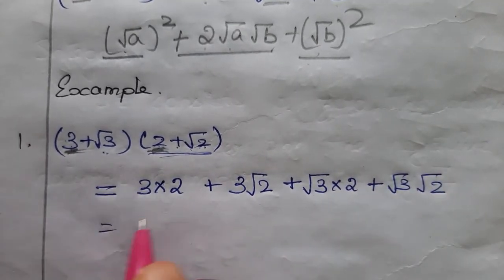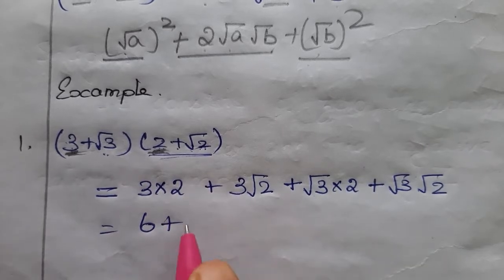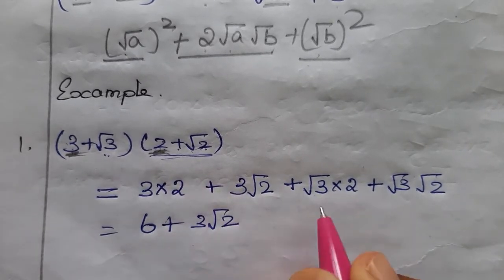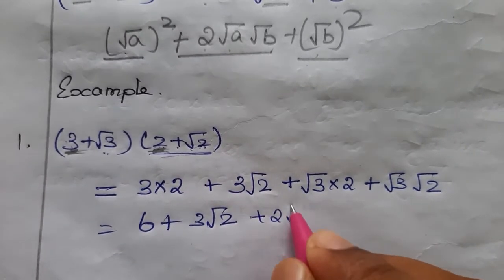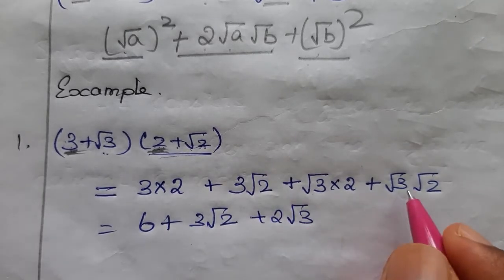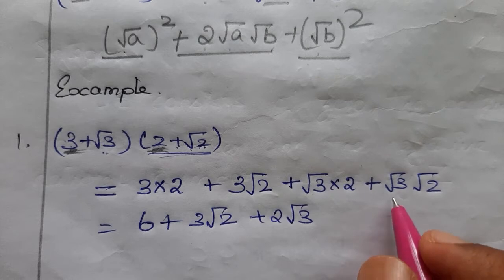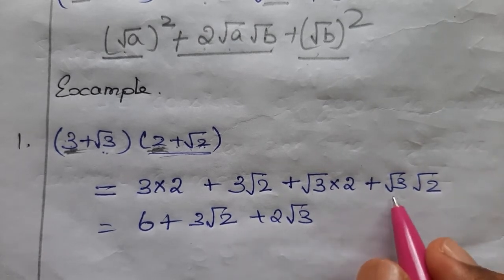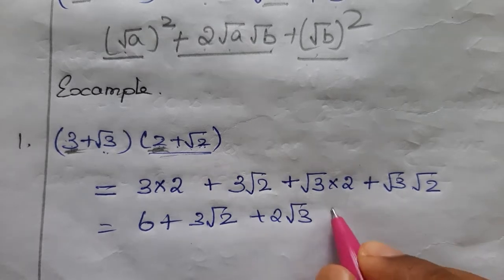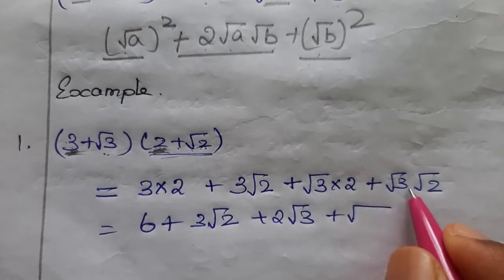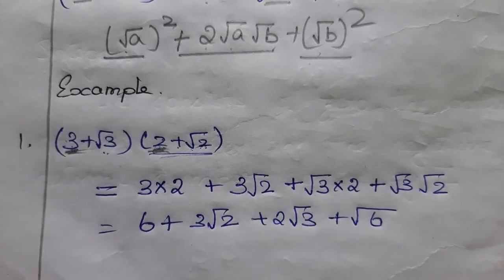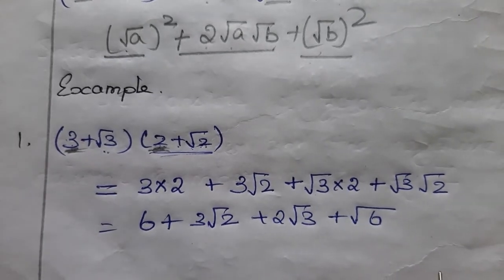So what happened? 3 twos are 6, plus 3√2, plus 2√3, and √3 into √2 we can write as, do you remember which identity? We can use the first identity, √a into √b is √(ab), that is plus √(3 into 2), which is √6, right?